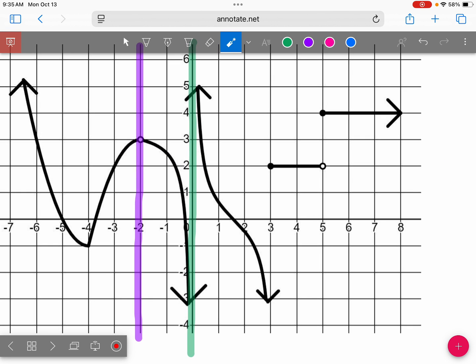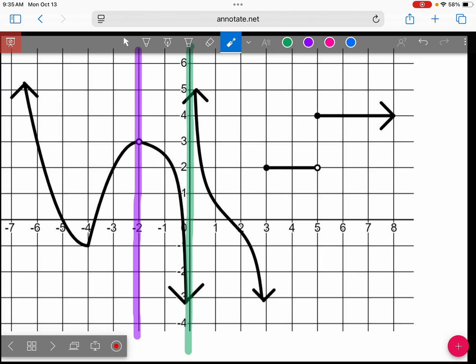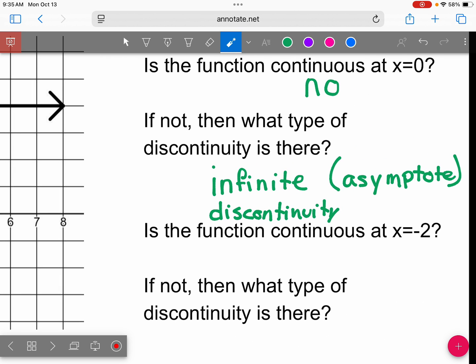Think of it as like a little pit of lava. On a bridge, on a bridge, on a bridge. Ah, jump. I had to jump over it. So if I have a discontinuity there, it means it's not continuous. So no, it is not continuous.